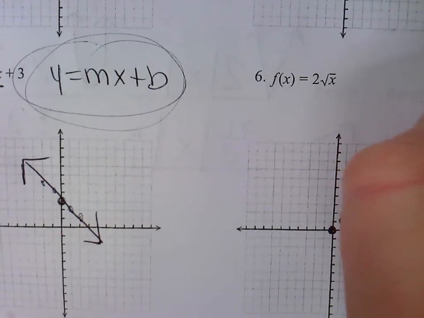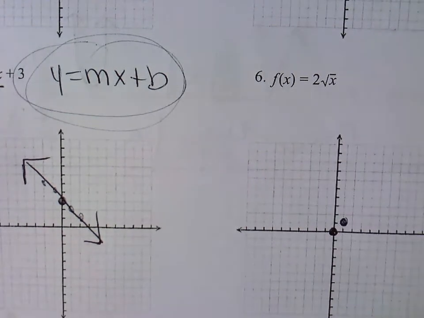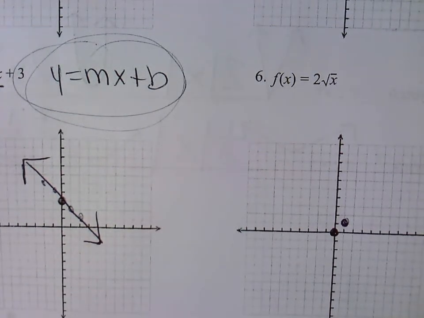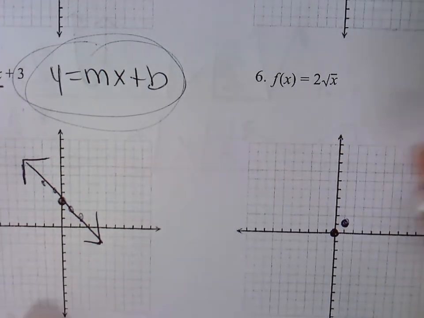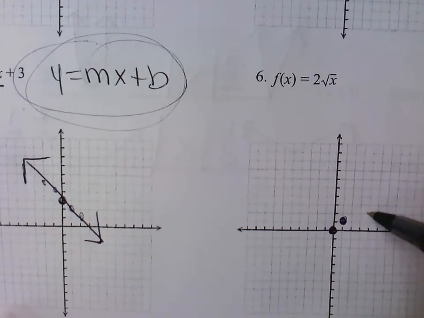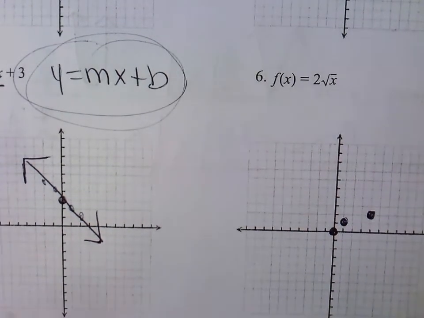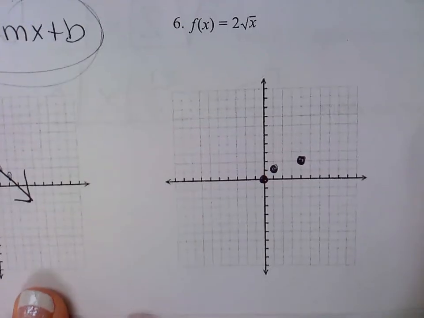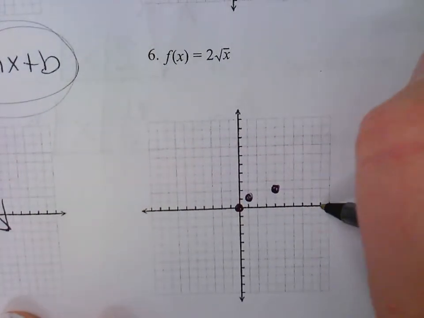What's our next perfect square that I could plug in for x? So 2 is not a perfect square. I have a list of perfect squares up there too, if you can read it. 4 is the next perfect square. The square root of 4 is 2. So over 4 and up 2. And what's our last perfect square that's going to fit? 9. So the square root of 9 is 3.